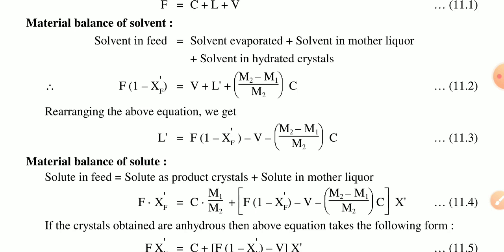F times 1 minus X dash F is equal to V plus L dash plus M2 minus M1 upon M2 multiplied by C. So rearranging the above equation, the solvent in the feed is F multiplied by 1 minus X dash F. Solvent evaporated is V, plus solvent in the mother liquor is L dash, and solvent in the hydrated crystals is M2 minus M1 upon M2 multiplied by C.